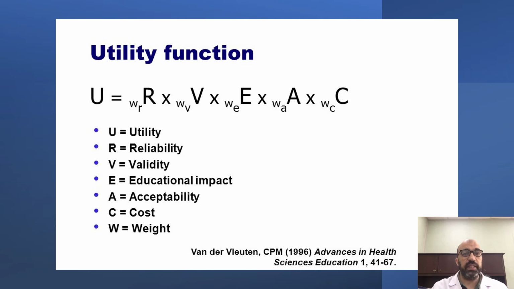So if the reliability is questionable in the assessment, the utility function will be zero. So in workplace-based assessment we need to focus on all these elements to ensure a high quality assessment that is valid, reliable, with educational impact, acceptable and cost-effective.